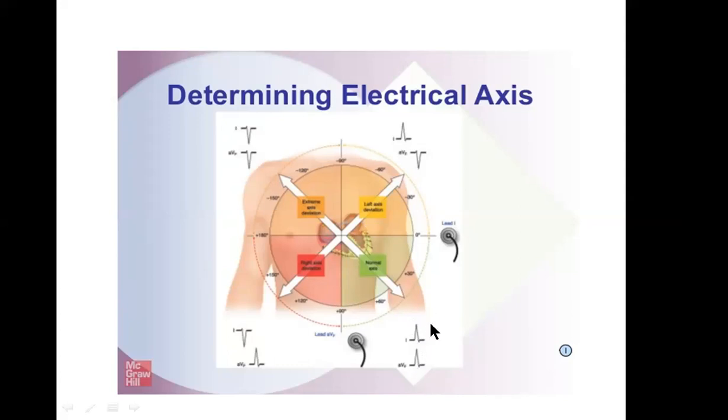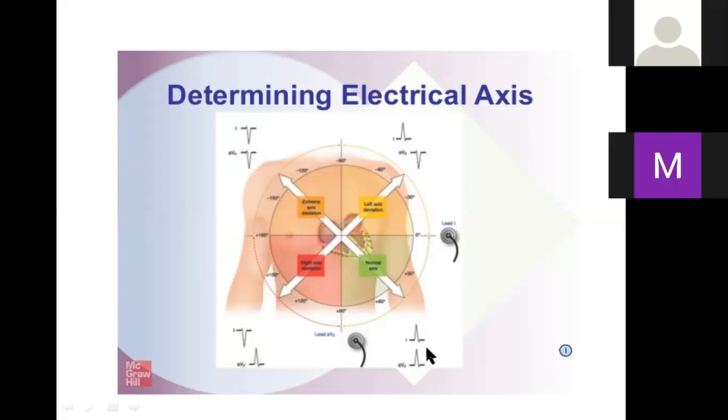This is normal axis. And by the thumb rule, you raise the right thumb and the left thumb according to the R wave in lead 1 and AVF. Both thumbs up, normal axis.